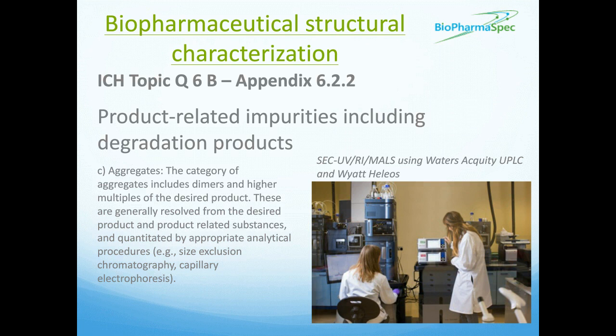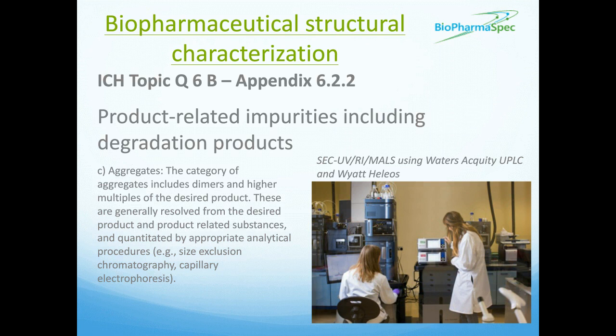So this is why we are now starting to talk about quaternary structure or aggregation. Again, in the initial part of Q6B, it didn't talk about quaternary structure at all. The only place aggregation comes in Q6B is in Appendix 6.22, where it talks about the product-related impurities, including degradation products, and this is where, in Part C of that, the category of aggregates is included as a potential degradation product of your molecule.